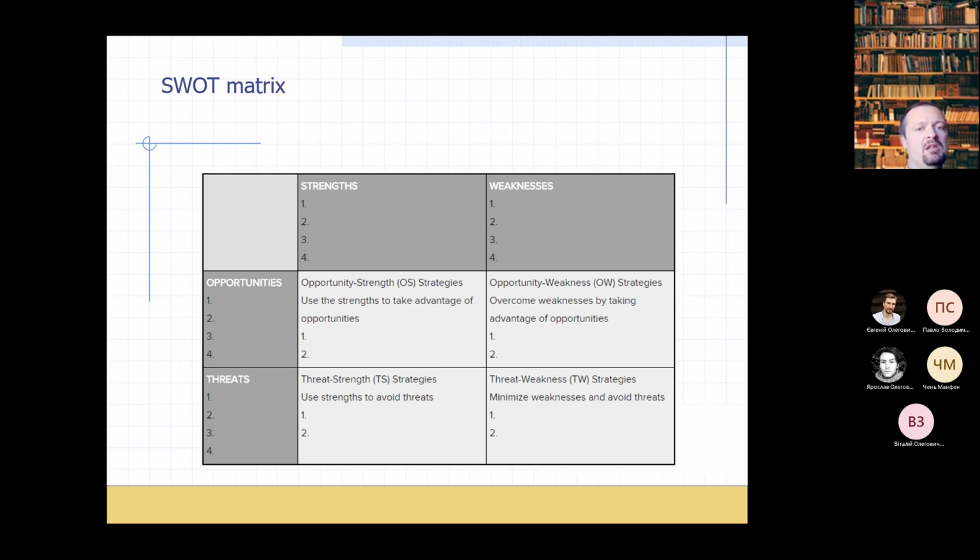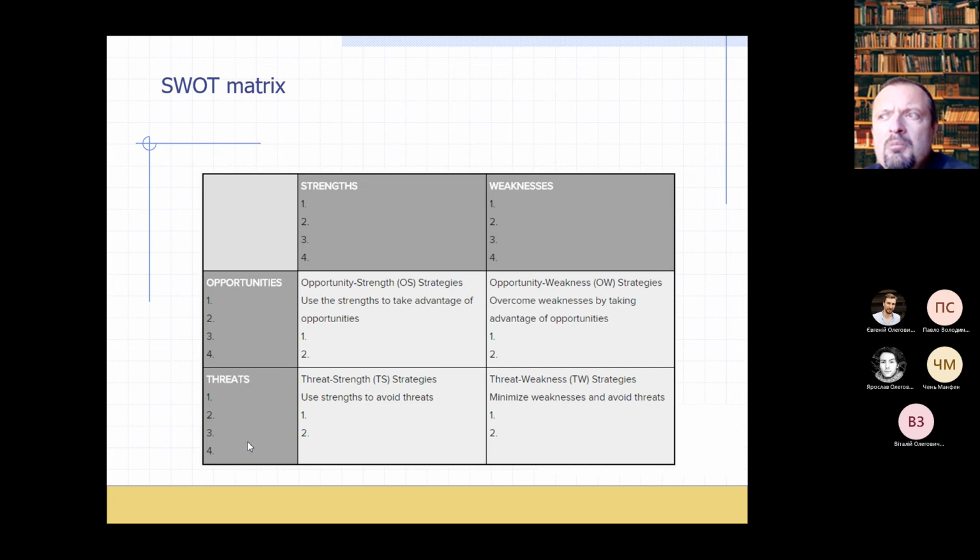Okay, so your first task for the next practice is to complete such a table for your company. Let's do it. Four main factors in the internal environment, positive and negative. Four main factors in the external environment, positive and negative.